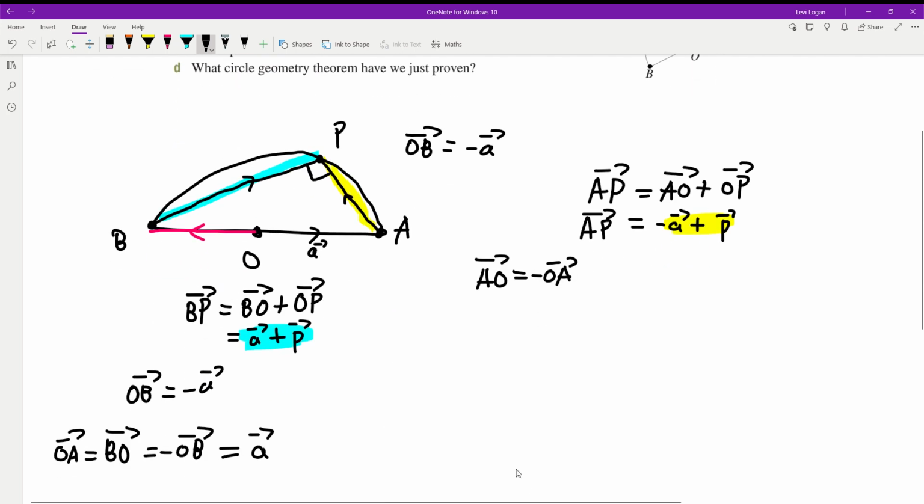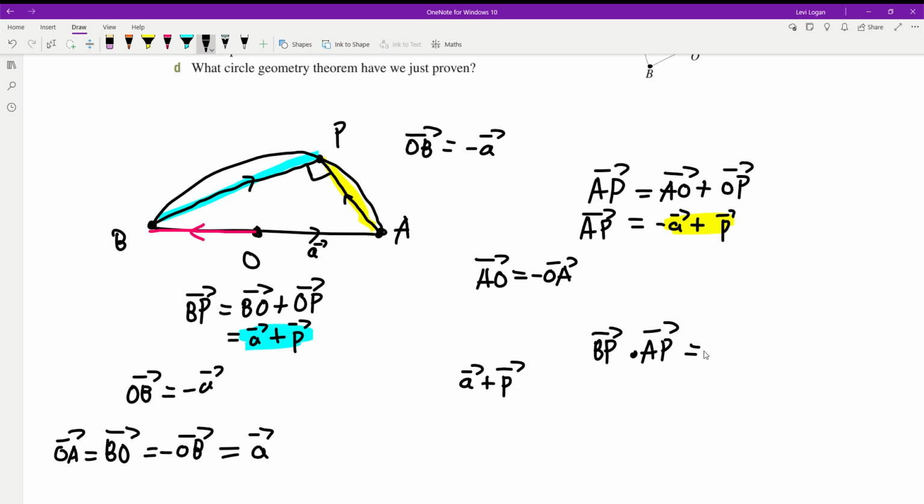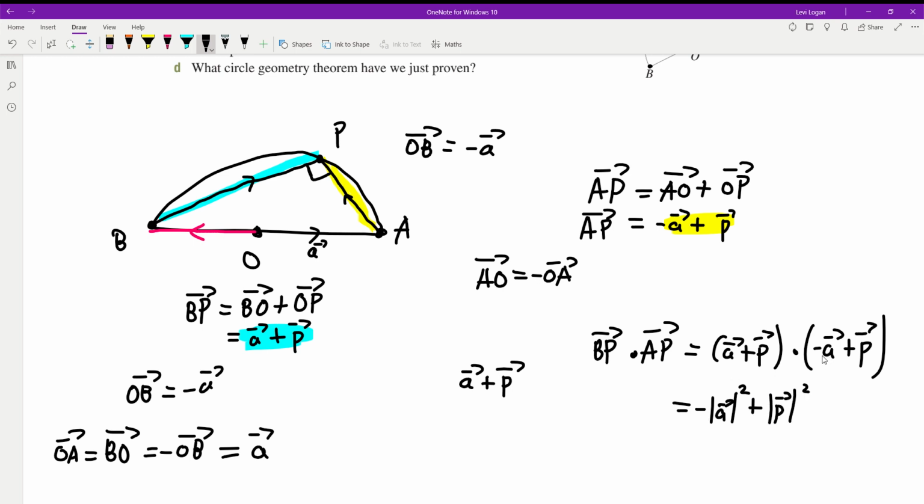So B to P dotted with A to P is A plus P dotted with negative A plus P. Now, this is going to turn into negative the absolute length of A squared plus the absolute length of P all squared.